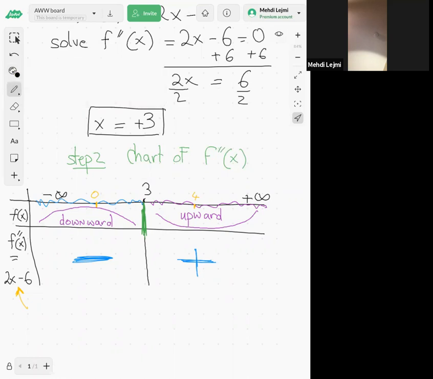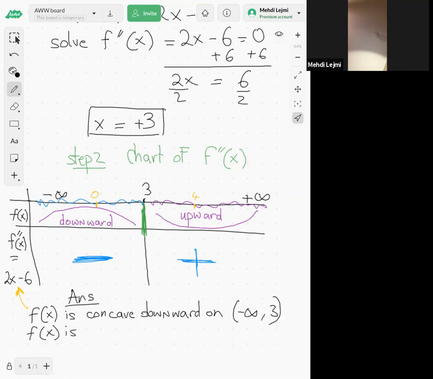So to answer the question: f of x is concave downward on negative infinity to positive 3, and concave upward on 3 to positive infinity.